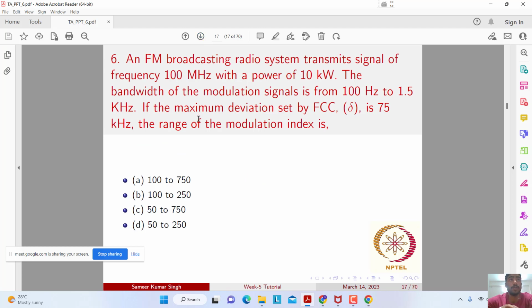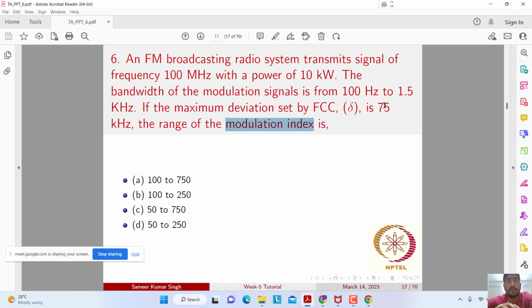Okay, question number 6. An FM broadcasting radio system transmits a signal of frequency 100 MHz with a power of 10 kW. The bandwidth of the modulation signal is from 100 Hz to 1.5 kHz. If the maximum deviation set by the FCC is 75 kHz, find the range of the modulation index. So there we have to calculate the modulation index.